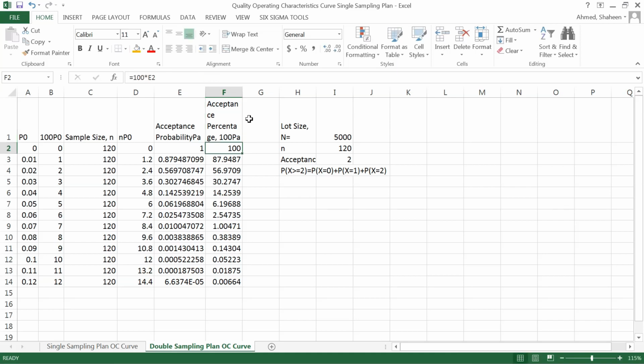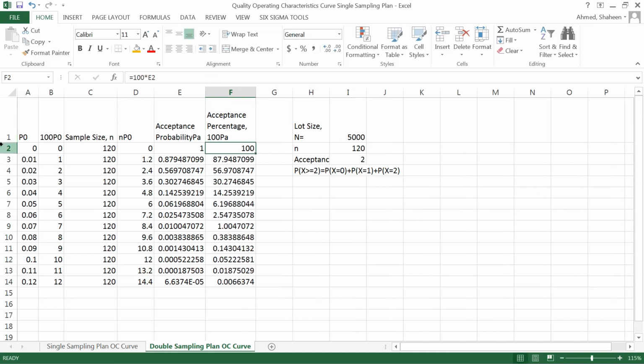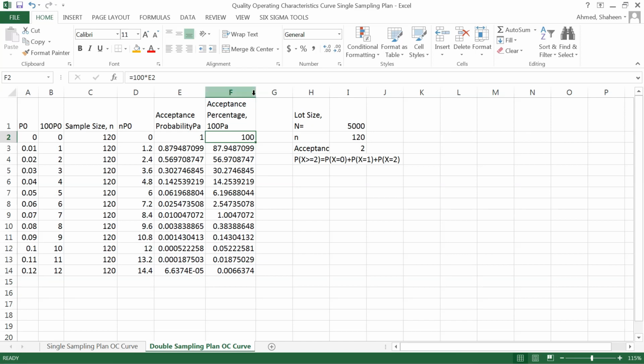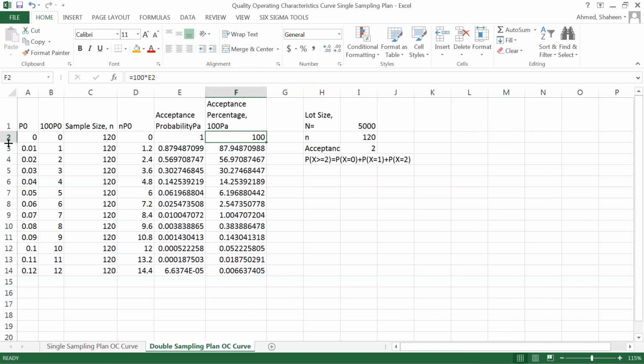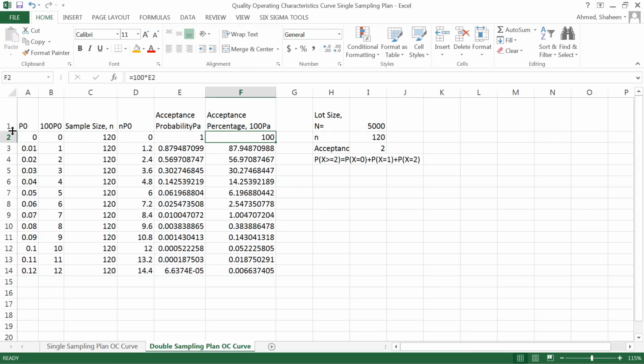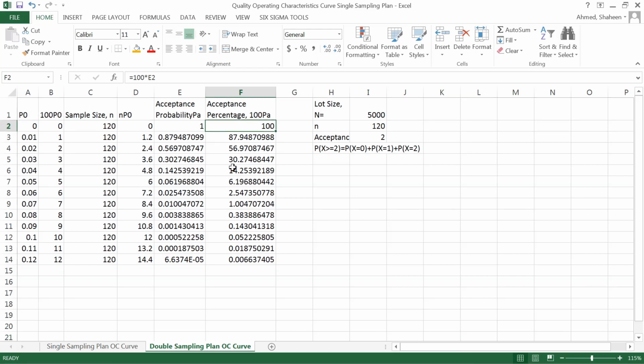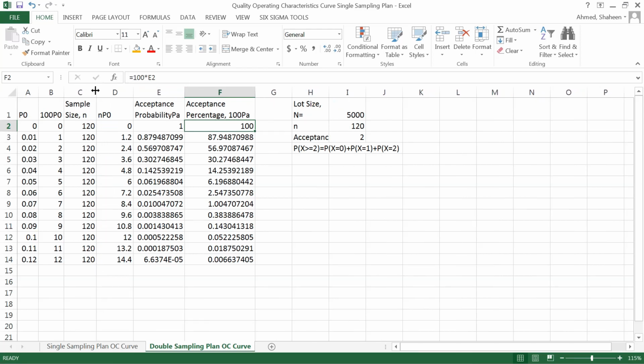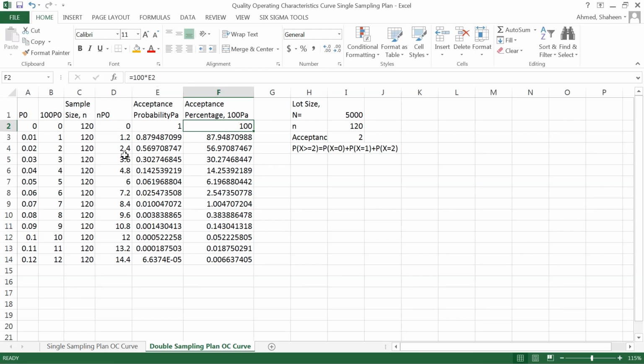Excel will not correct your grammar or typos, so you have to be careful when working with Excel. Word does it automatically, Excel does not, because Excel is a math type of program, so it could think that you're writing some math or some kind of acronyms, so it doesn't try to correct by default. So we're creating a double sampling plan.